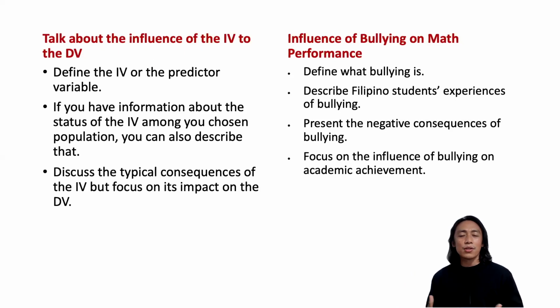So the next section of your literature review will be about the independent variable or the predictor variable. But not only that, you should talk about the IV as it relates to the dependent variable. So you might be noticing that my style of organizing the literature review is a bit different from how students typically do it.